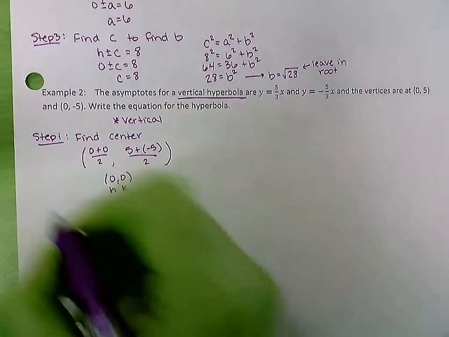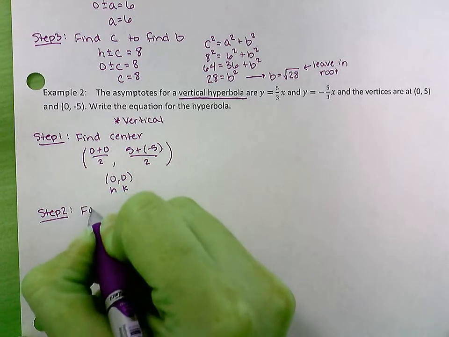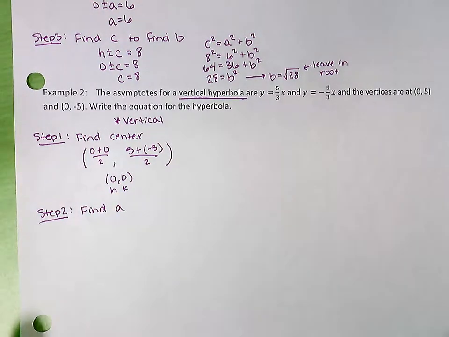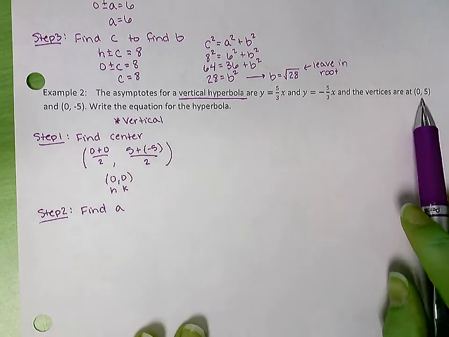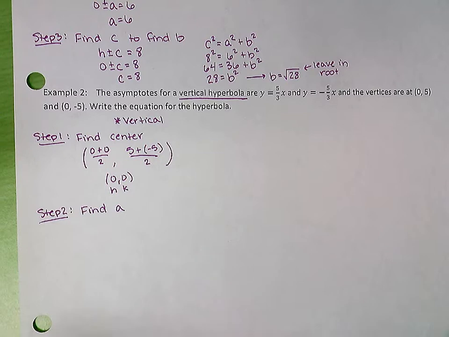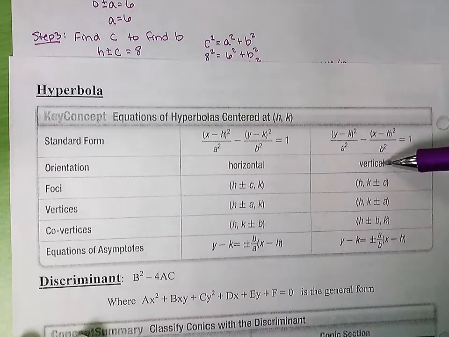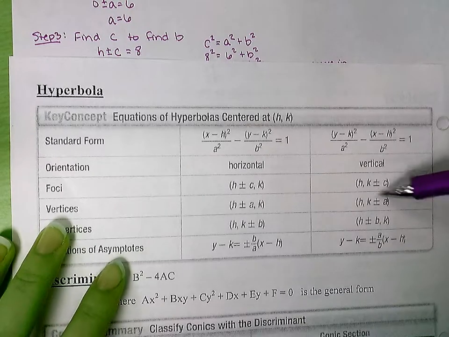Okay, next, step 2, find a. So we're going to use our vertices again. So we have 0, 5, and 0, negative 5. I'm going to look at my chart here. Since it is vertical, our vertices are here.